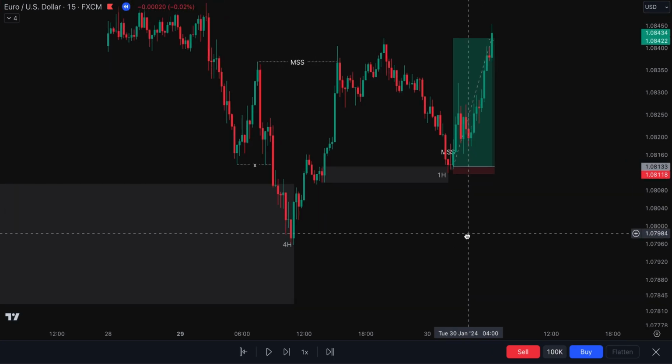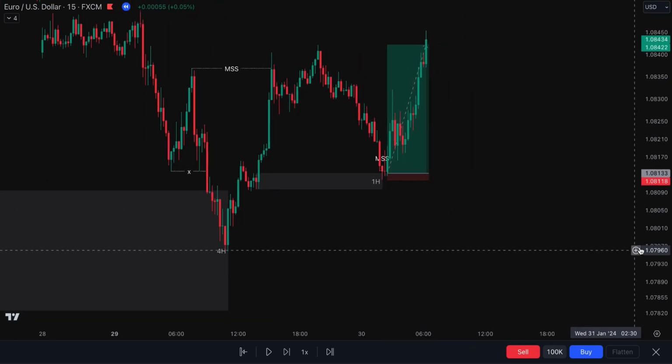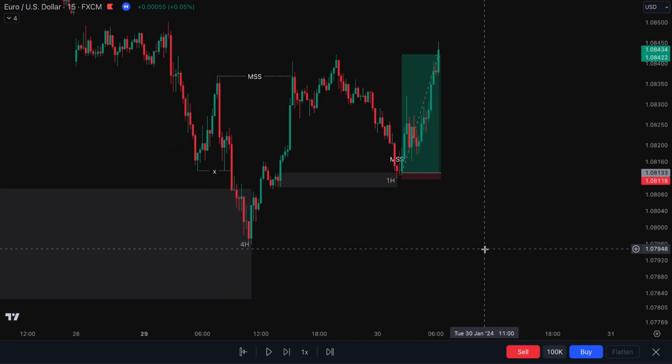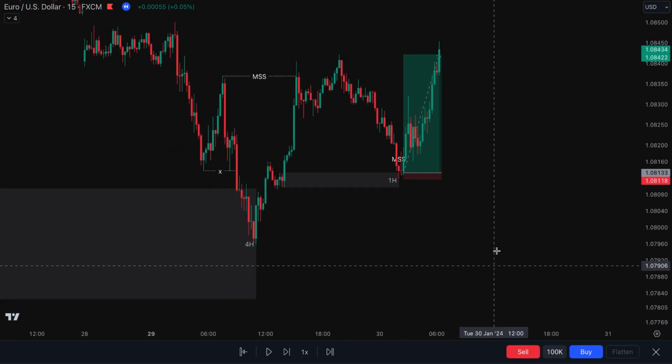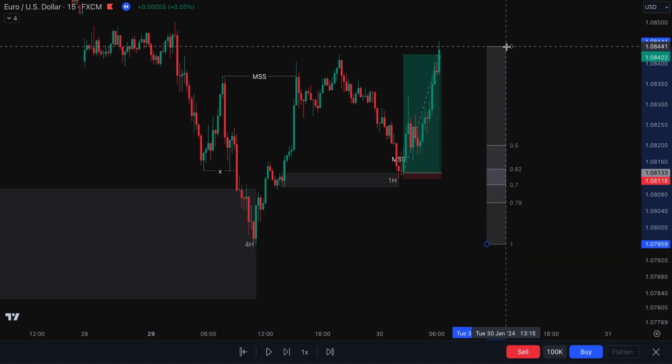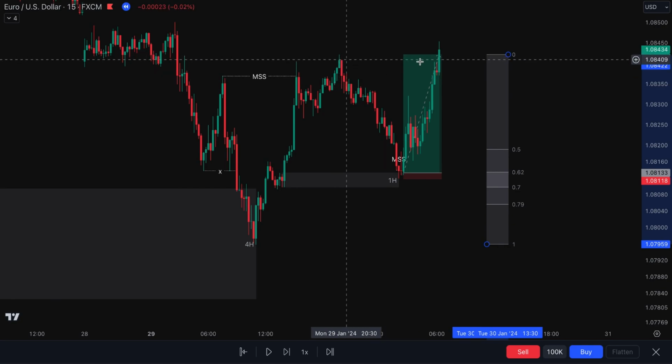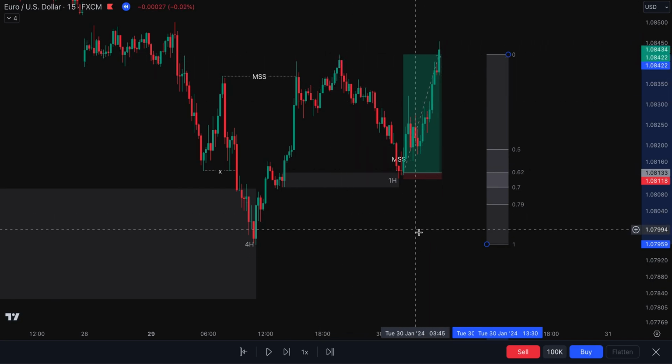I then looked for POIs, and this is where the Fibonacci retracement comes in. I'll take the tool and draw it from the bottom of the move to the top, which is this high right here, not this one, but this.